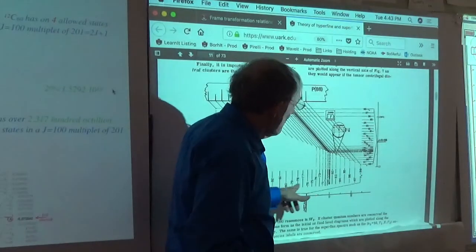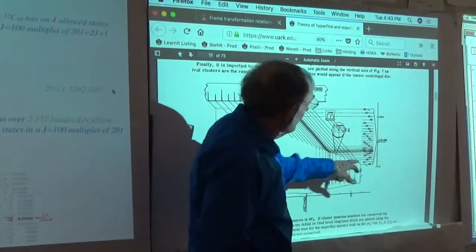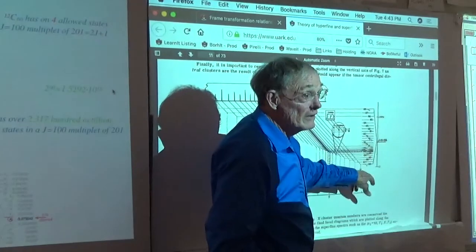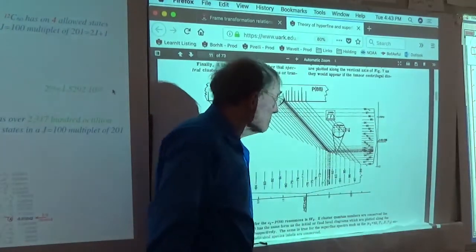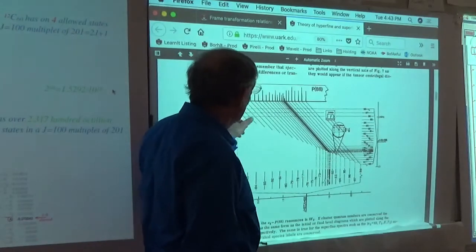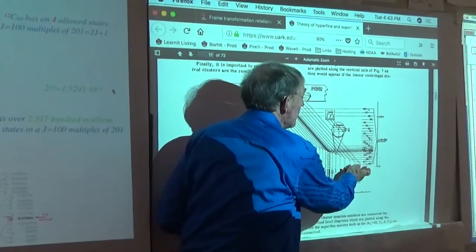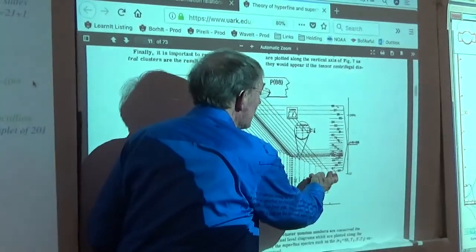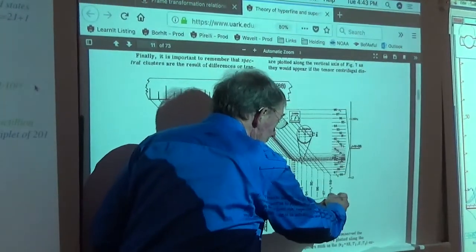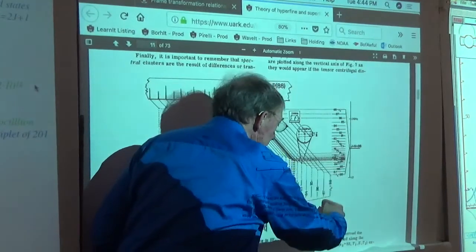Here's your excited states. There's your ground levels right there, okay? That's the spectrum. And the only thing that's allowed is for this particular cluster here to talk to the one like it down here. And then this one talks to the one like it down here, you see.